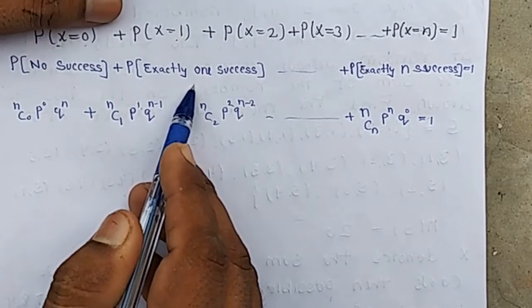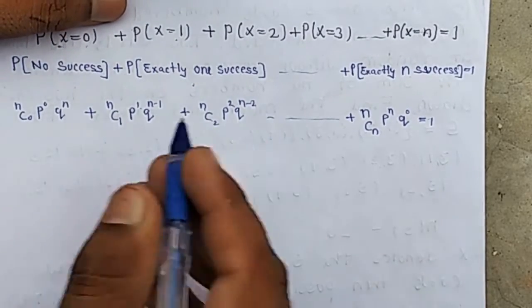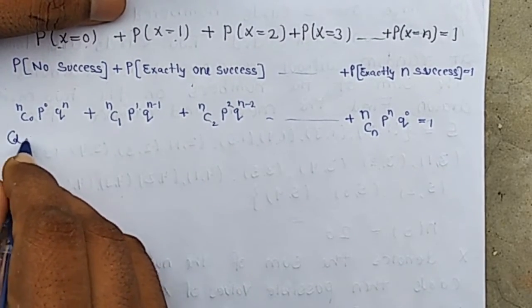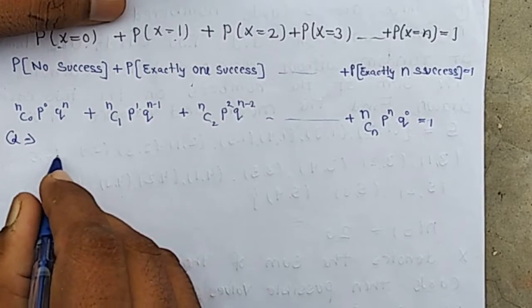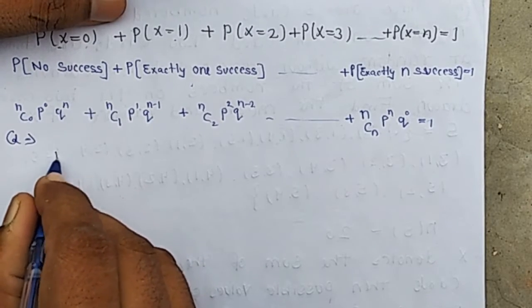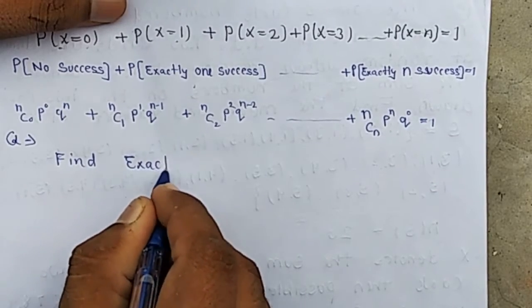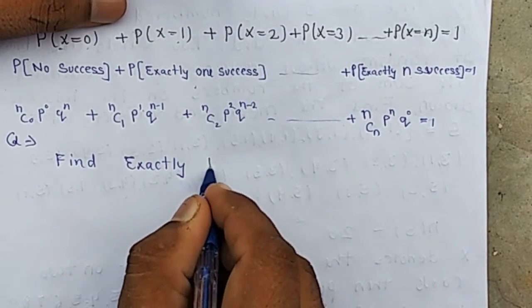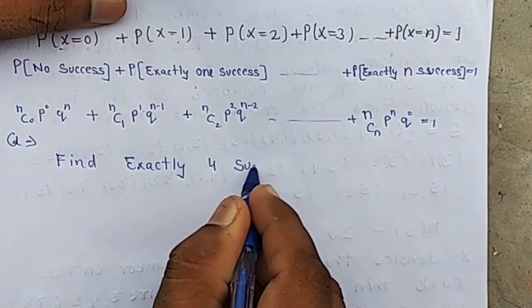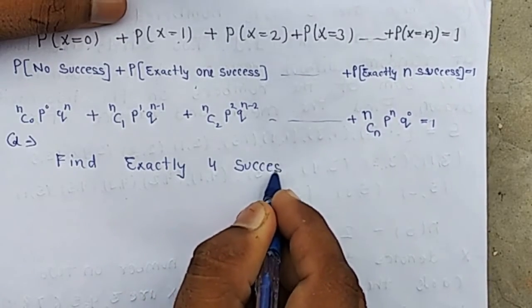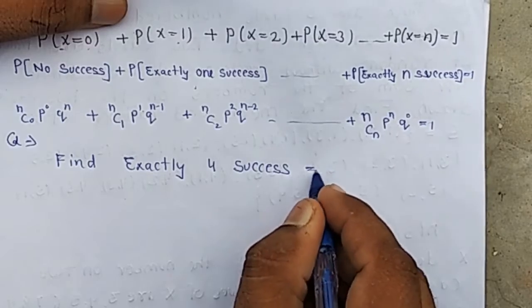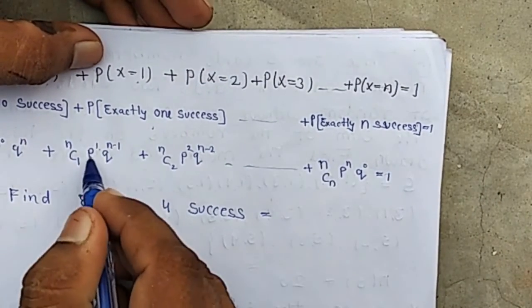If the question says find exactly one success, then we have to find exactly one success by this term.